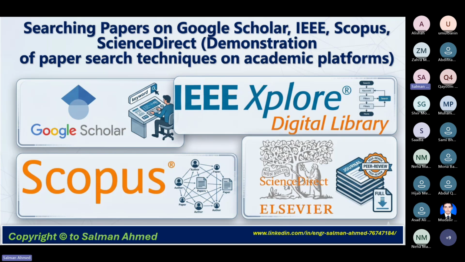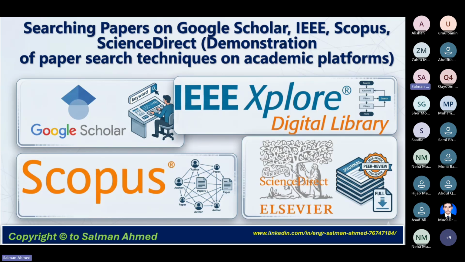So there are many databases that we can use as a platform for searching our research articles. If we focus on only one database, that may be wrong, because when you are doing research, your research should be thorough. You should do a comprehensive analysis of your topic in all of the databases.